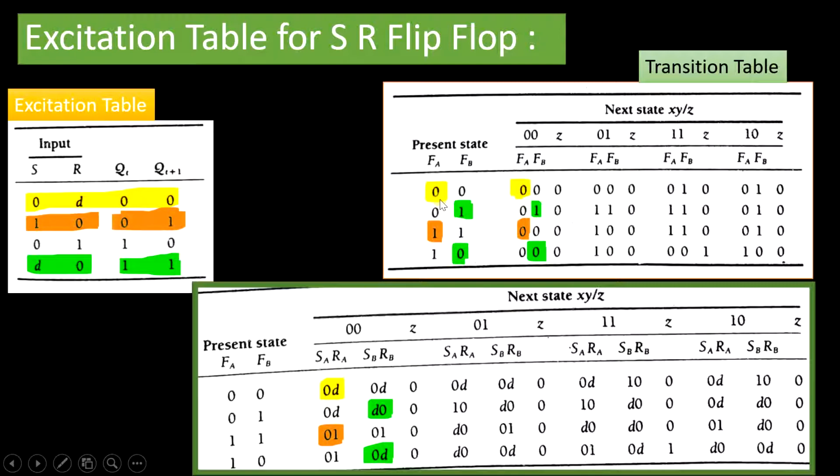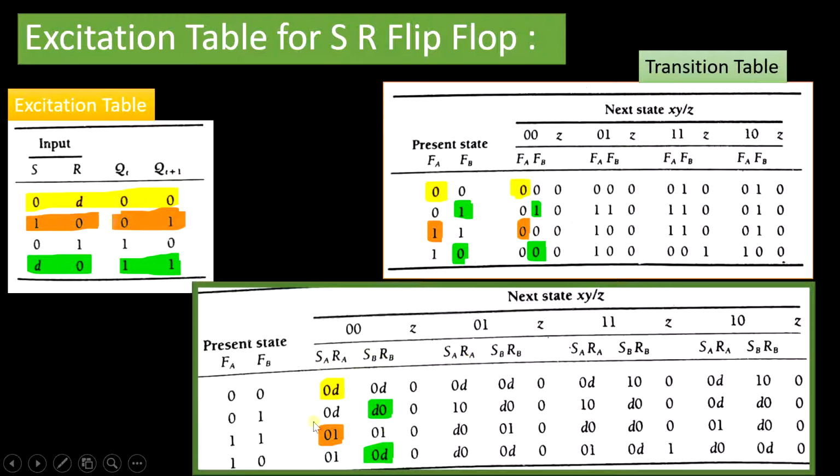Say I am writing it for the first flip-flop. Since you have two inputs here, S and R, two flip-flops means you need to consider SA, RA, SB, RB. That is why you can see that the transition table contents on the top, that is the next state, have been replaced with SA, RA and SB, RB.